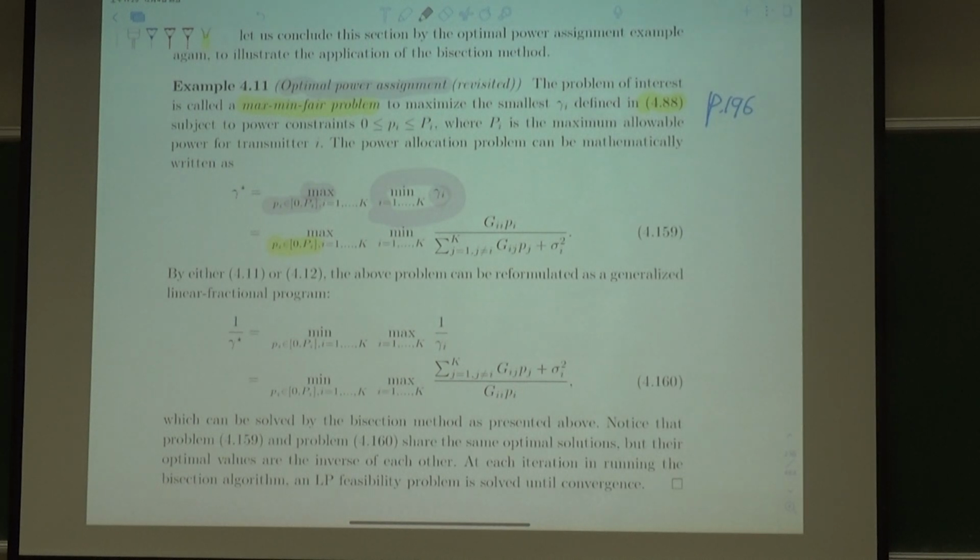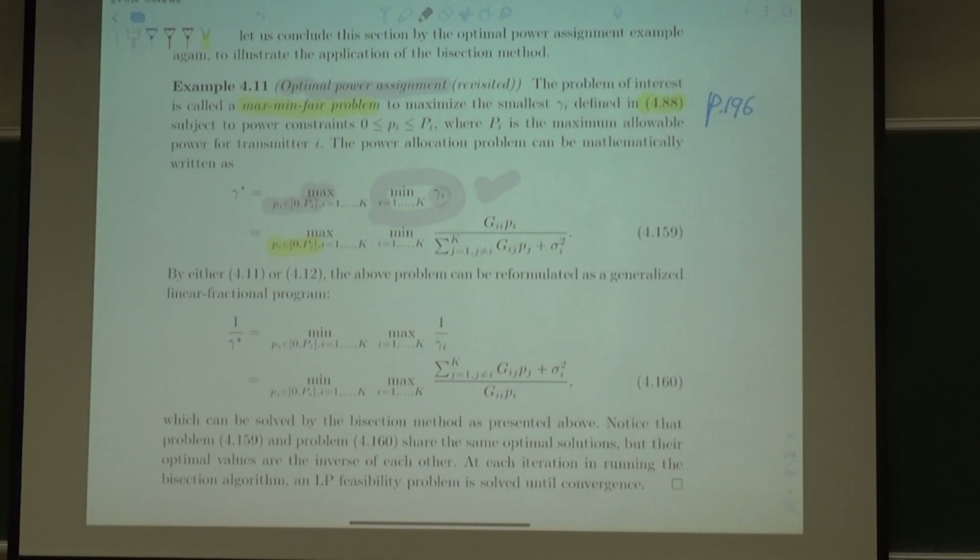Rather than minimize the total transmission power under the constraint that the QoS gamma_i is greater than or equal to some threshold, this is another type of problem in communications engineering. Okay, the first step: you're going to solve this problem. It's not a standard form minimization problem.